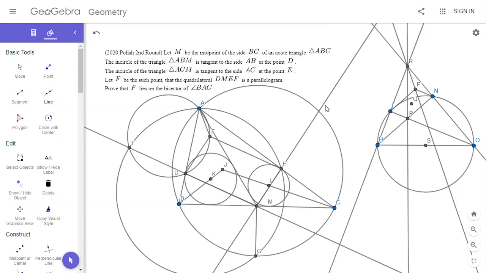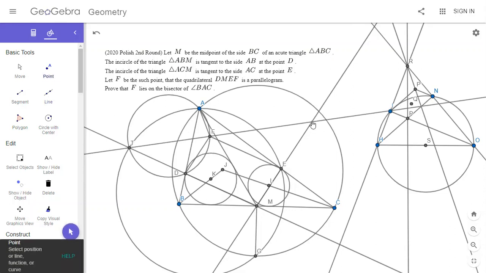We want to see where ME meets TF. And we want to see where FE.